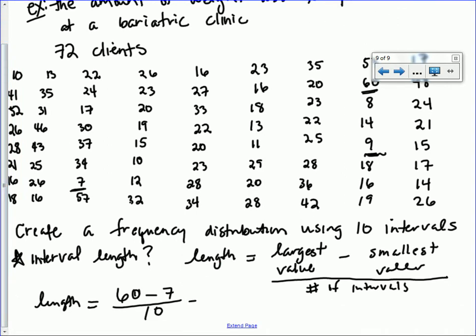When we do that, we know that 60 minus 7 is 53. We're going to divide that by 10, and it tells me that I get 5.3. How do you make an interval 5.3? What you do is you round to the place value of the data.